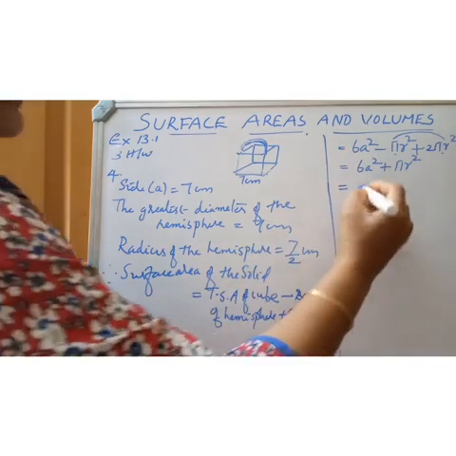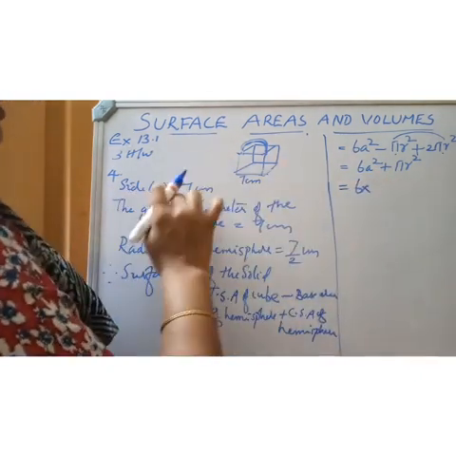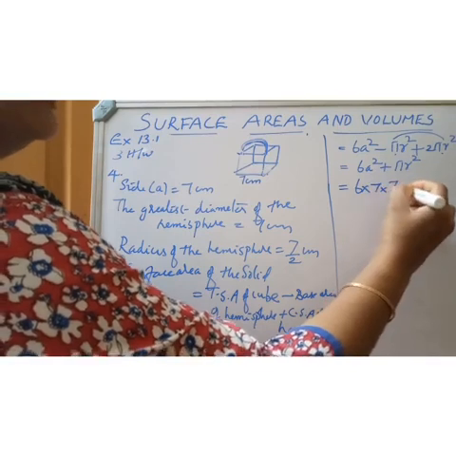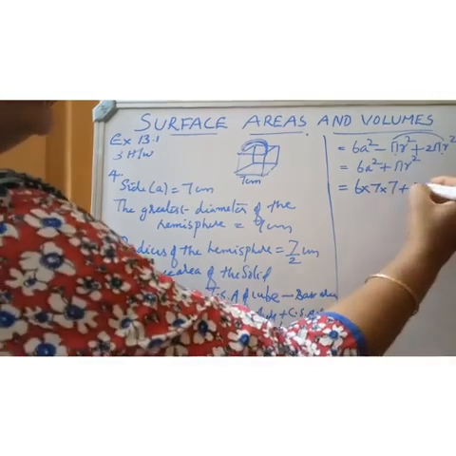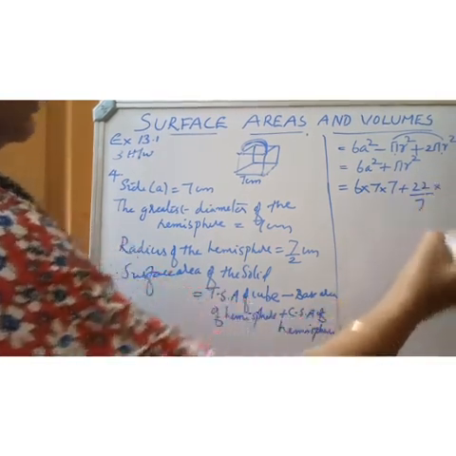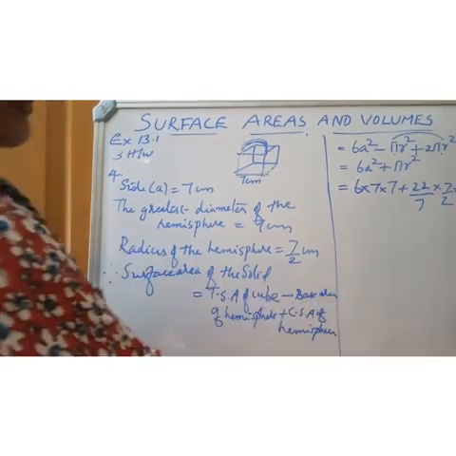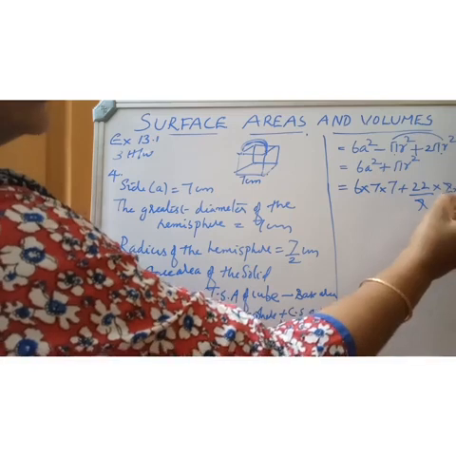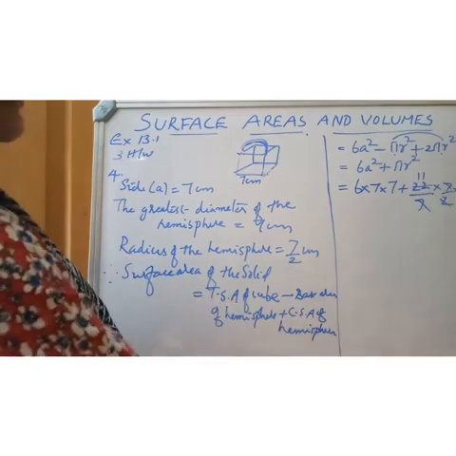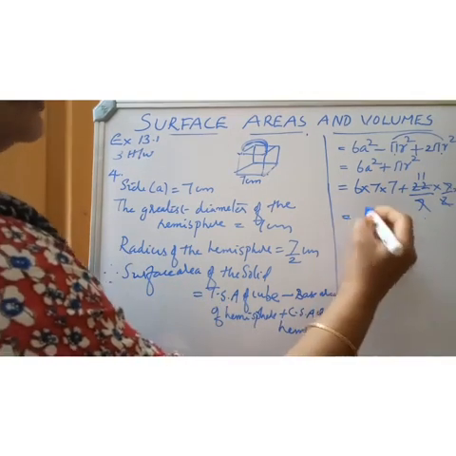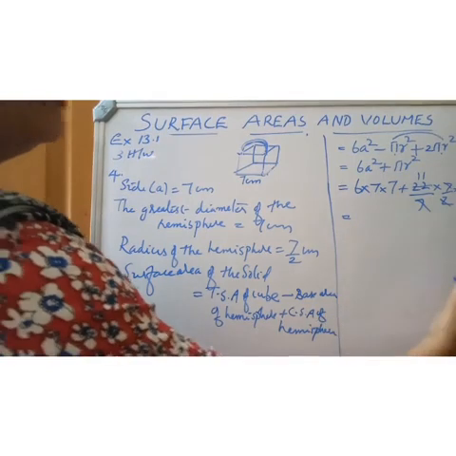Then you substitute the value, 6 into a square. a is 7, so 7 into 7 plus pi, 22 by 7 into r square, 7 by 2 into 7 by 2. 7 and 7 get cancelled. 2, this one 11 times. Okay. So 42 into 7.